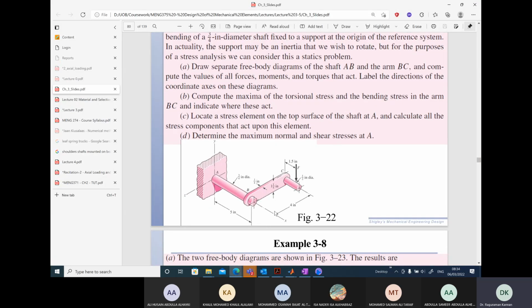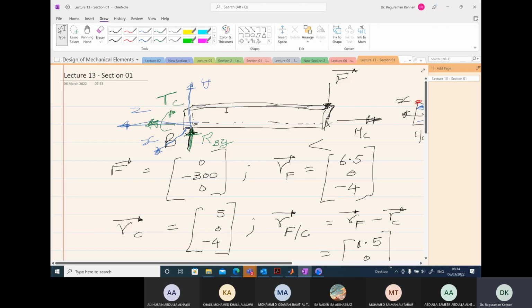The length is 4 inches. We can assume this is 4 inches. So the bending moment will be F times 4, which is 300 times 4.